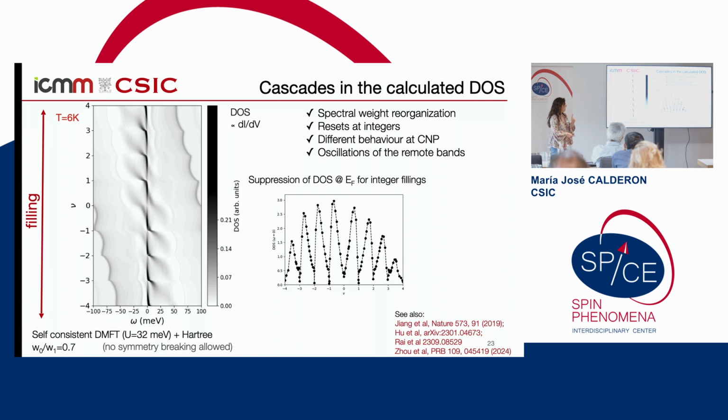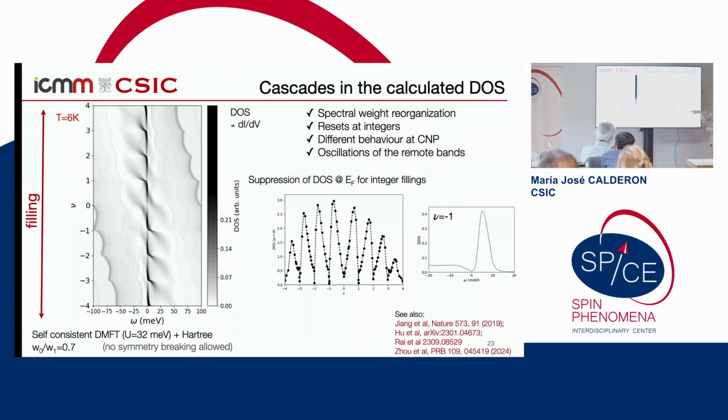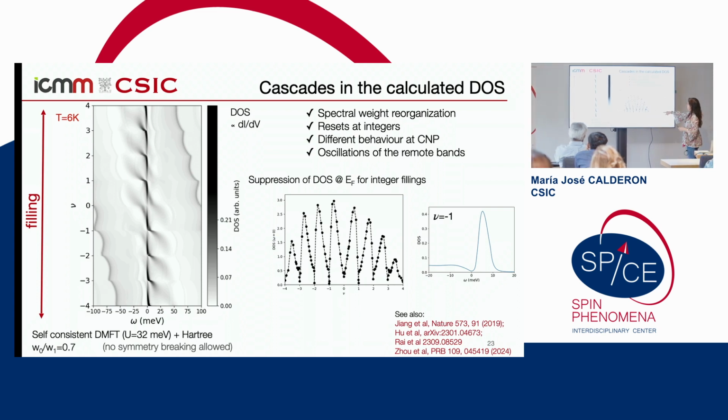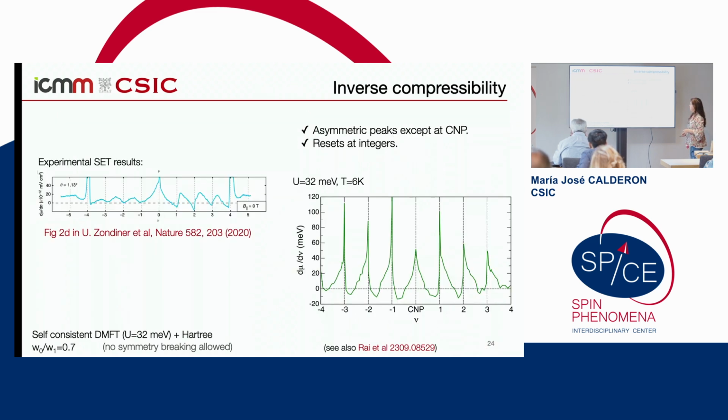But note one thing: we don't have a Mott transition here. If you look at the density of states at, for instance, -1, it has a very small density of states at the Fermi level. 0 would be the Fermi level. You see that we don't have a complete gap. So we don't really get a Mott transition, and we will see why.